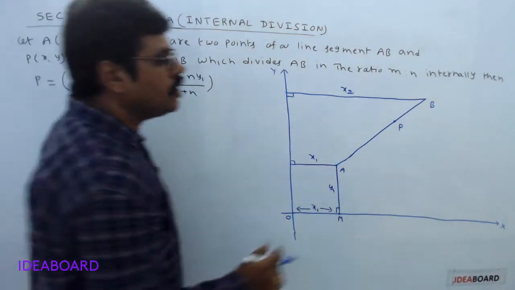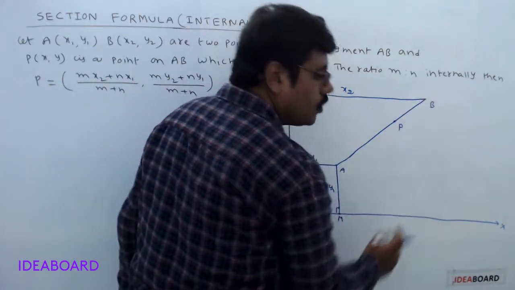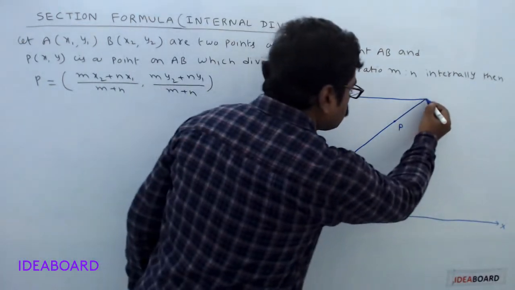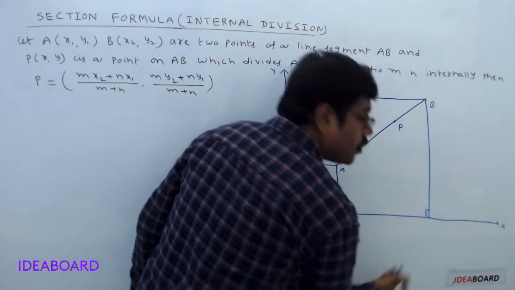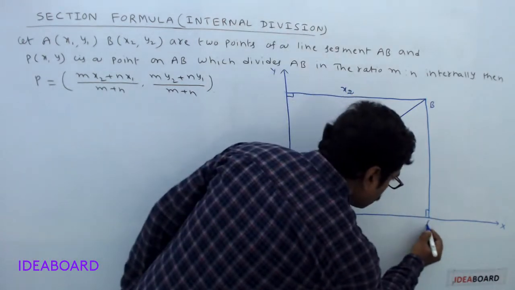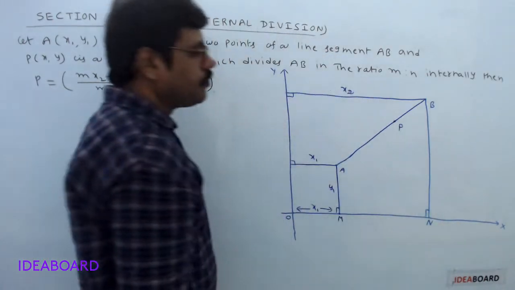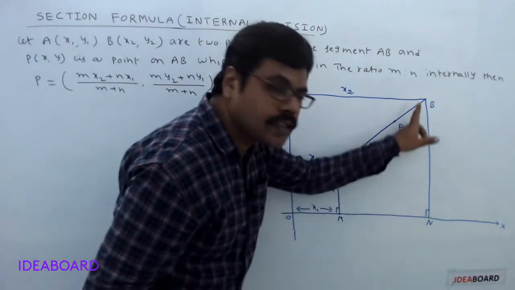Now, once again, draw a perpendicular from the point B onto the x-axis. Suppose we take this point as N. From the definition of y coordinate, can you guess this length?